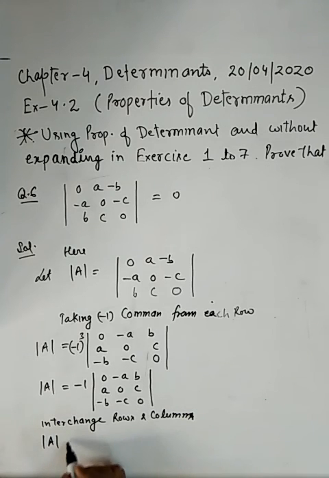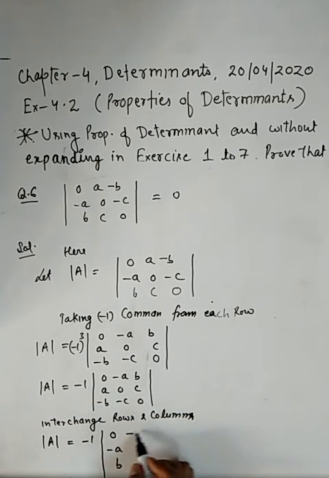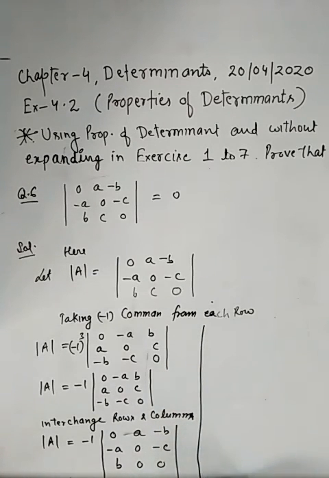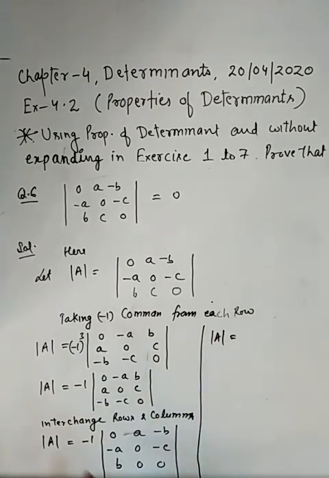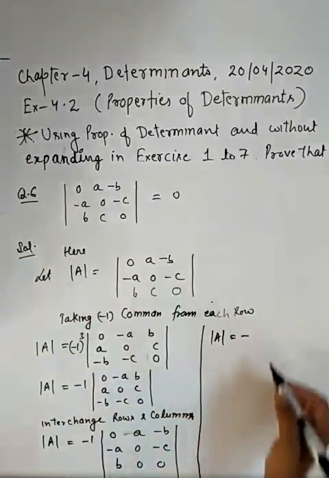Then determinant of A equal to minus 1 times 0, minus A, B; A, 0, C; minus B, minus C, 0. Now you see that minus 1 is minus, and this again becomes the determinant of A.